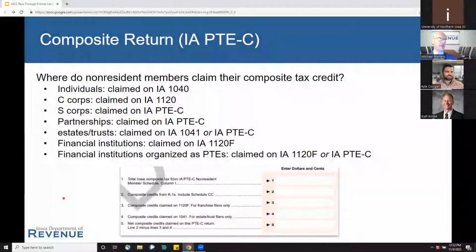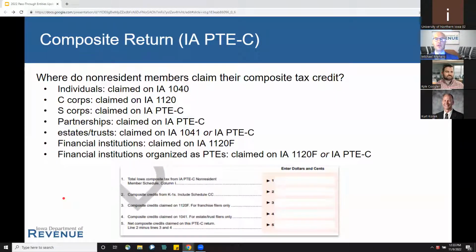So how do the non-resident members actually claim their composite tax credit? For individuals and C corporations, it's fairly straightforward. Those amounts are going to be claimed directly on the 1040 or the 1120. If a partnership or an S corporation receives a composite tax credit as a non-resident member of another entity, those composite tax credits must be claimed on its composite return.